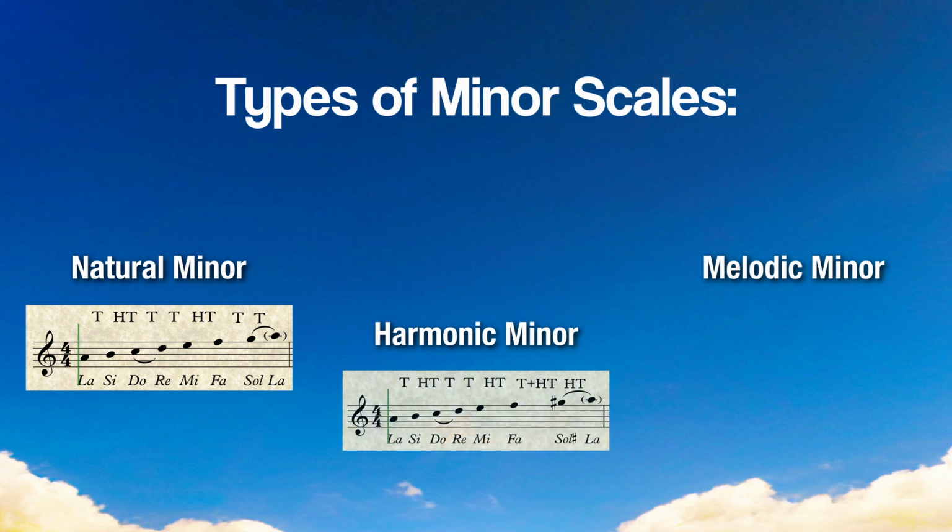The harmonic minor scale, which has a sharp 7th degree, has the leading tone 1.5 steps from the 6th degree, forming an augmented second, giving it a more exotic flavor.